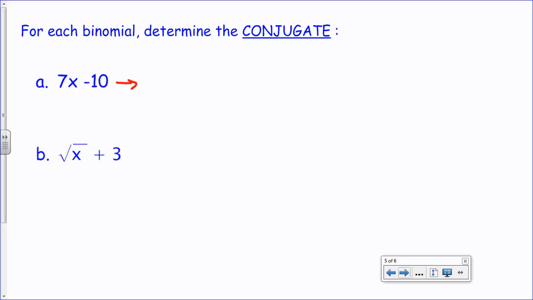What is the conjugate of 7x minus 10? 7x plus 10. Okay, let's multiply those two together. If you don't remember the shortcut, what can you use? FOIL. If you can't remember the shortcut, use FOIL.